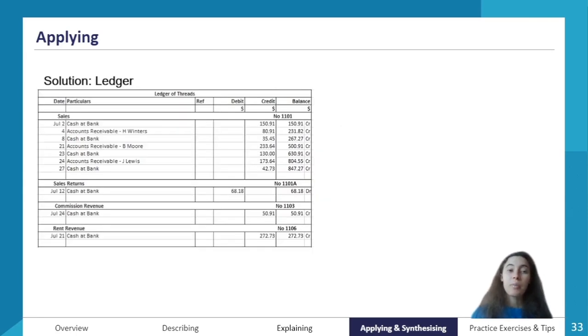So next up, you also need to be able to do your ledger. So all of those accounts that we just dealt with in the general journal, you need to be able to post them to your general ledger. And so there's a couple of different formats you can use for your ledger. You can have your side-by-side kind of format, which we call account form. You can also have your narrative form.